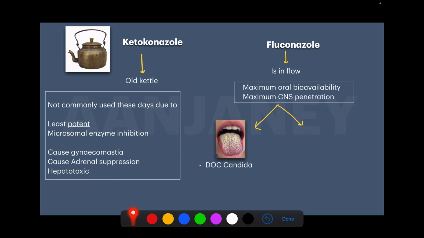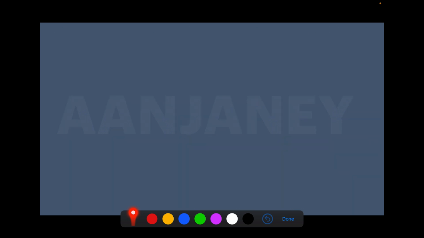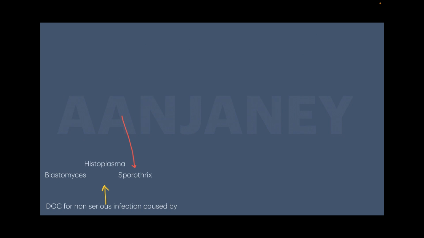So this is the drug of choice for candida and the cryptococcal maintenance phase. We know that in the acute phase we are using amphotericin B, and then we are shifting over to fluconazole for cryptococcus. Done.